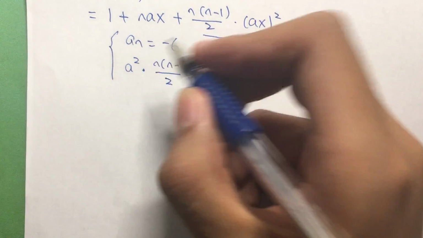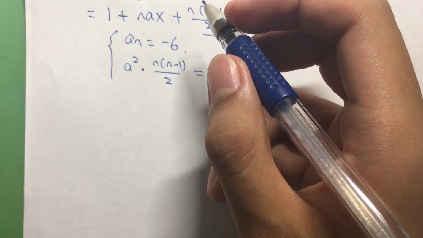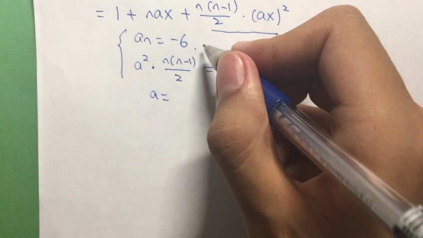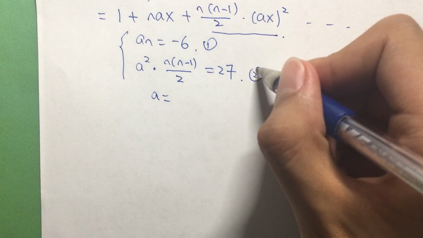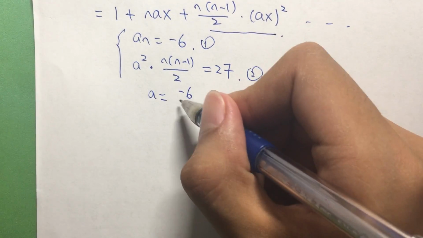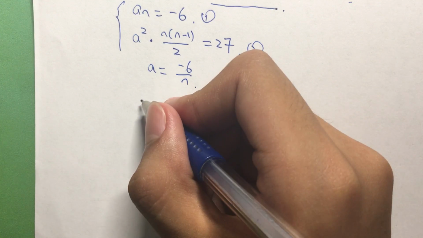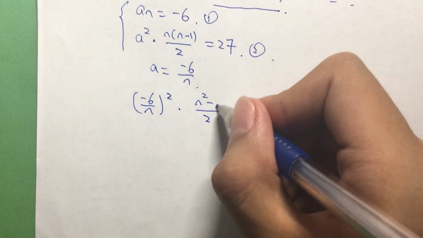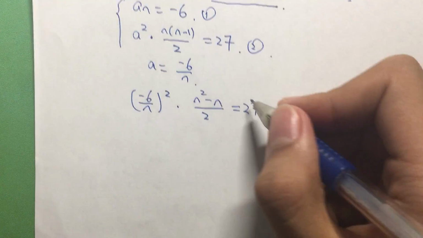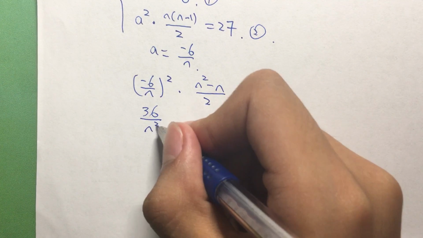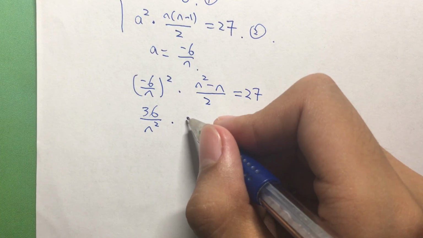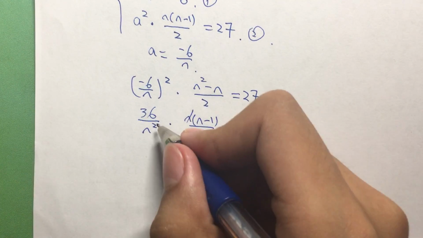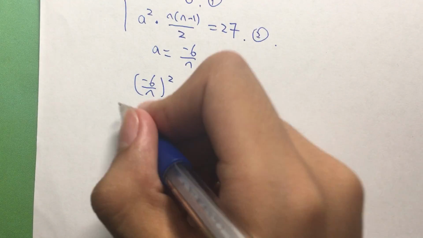And now let's substitute a into the second equation, with a equals negative 6 over n. And now we have (negative 6 over n) squared times (n squared minus n) over 2 equals 27. And we have 36 over n squared times n times (n minus 1) over 2 equals 27. Well, I see that these two n can cancel out, and here is 18.